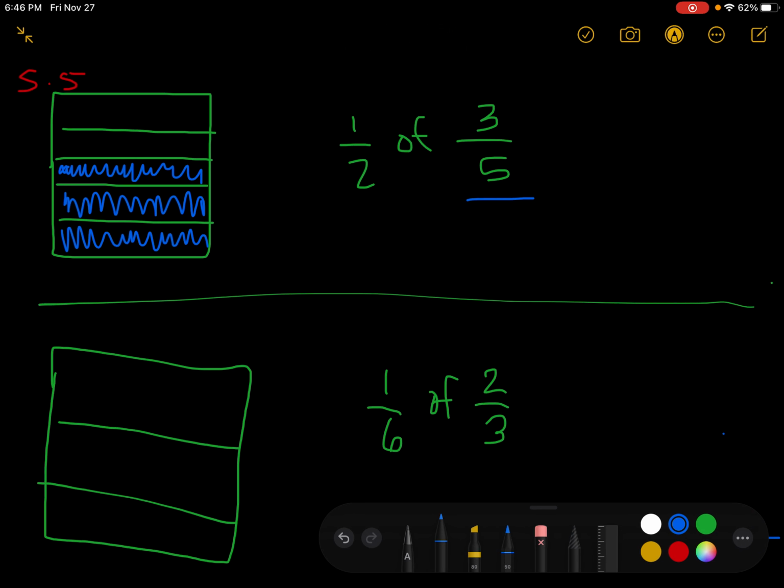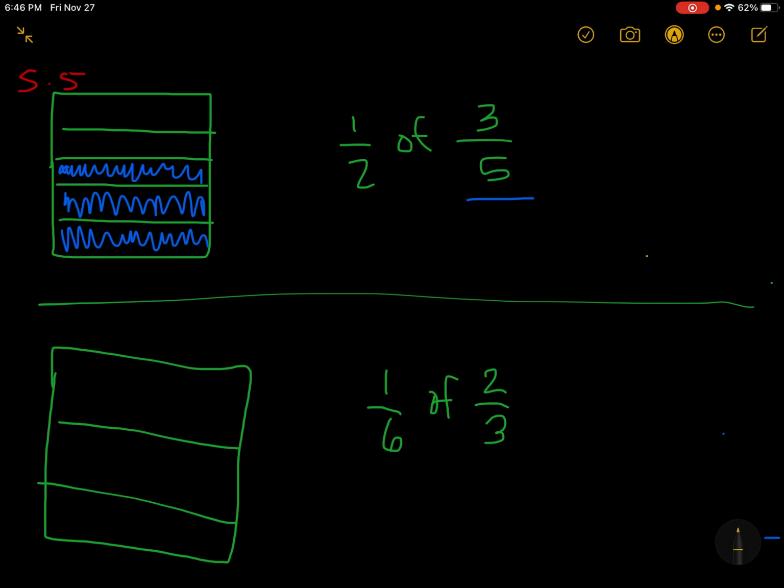And then I am going to, like an overlay, create the 1/2 fraction on the same model, with the lines going in an opposite direction.